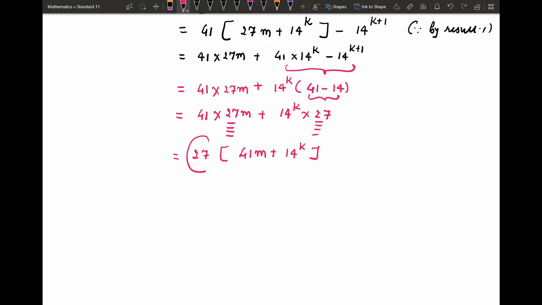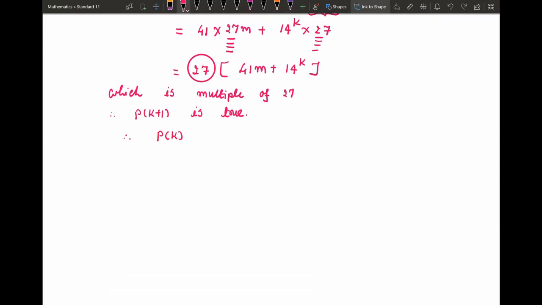Since 27 is a coefficient, we can claim that it is divisible by 27, or which is a multiple of 27. Therefore P of k plus 1 is true.